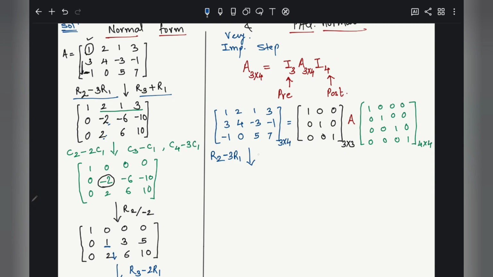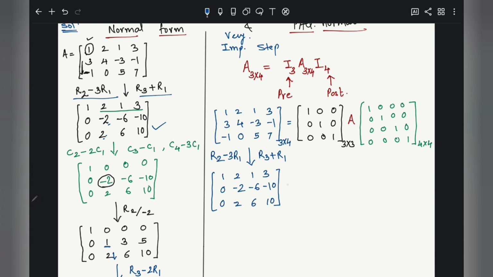Hence the left hand side matrix will be the same as this: 1 2 1 3, and 0 minus 2 minus 6 minus 10, and 0 2 6 10.